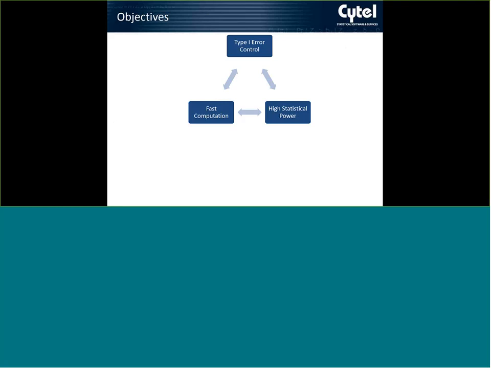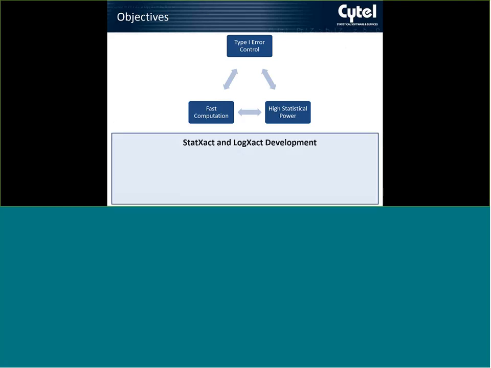While this is broadly true, specifically for StatXact, what that means is that over the years there's been an attempt to refine exact tests to improve power. And by refine, I mean using exact distributions that are not quite as discrete, so that users have an actual type 1 error rate that's closer to the one that's set in advance, like say 0.05. What that does is it helps to improve statistical power.